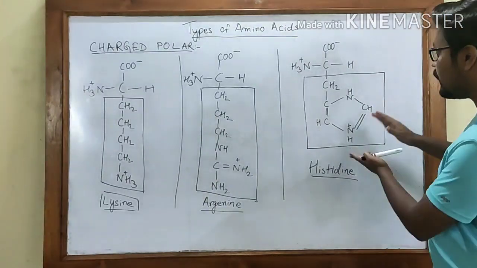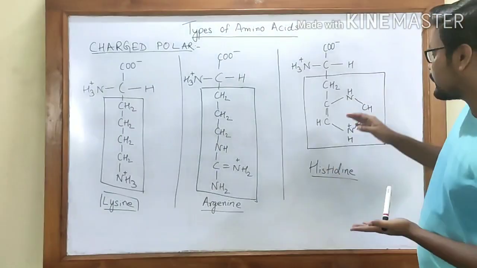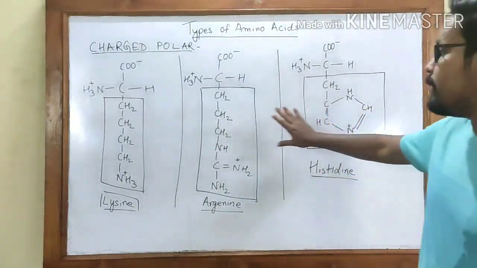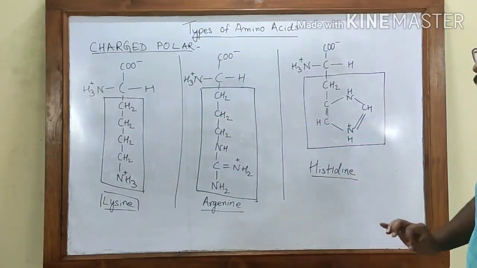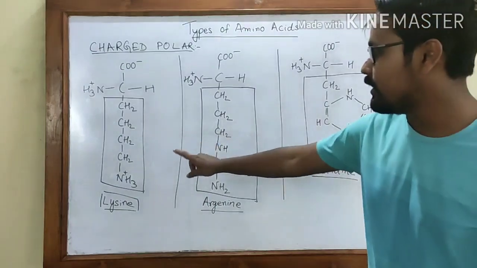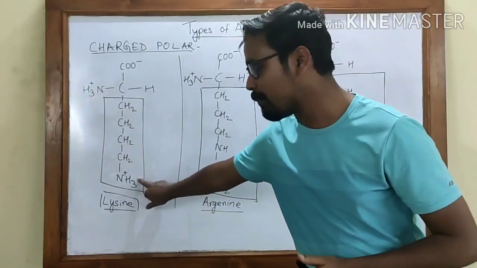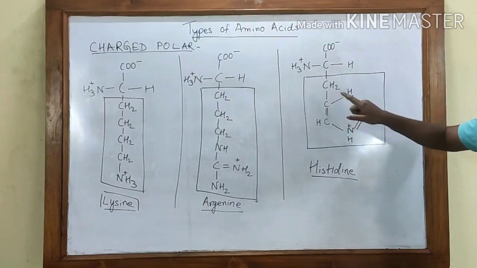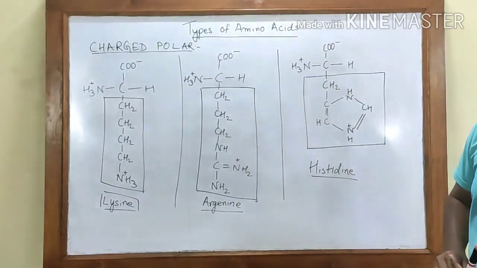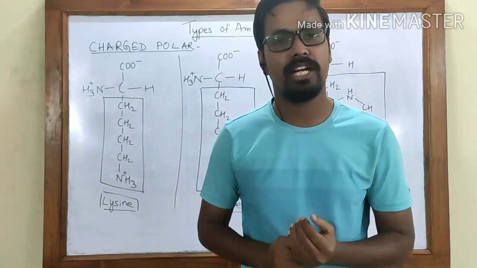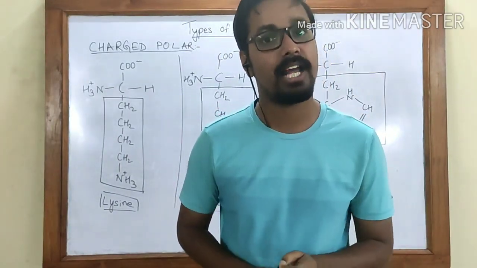Okay, I hope that is clear. So here are the 3 positively charged polar amino acids: lysine, arginine, and histidine. Very simple. Remember the groups. Here we have one amino group, here one guanidium group, and here we have an imidazole ring in which one of the nitrogens is positively charged at physiological pH. So that is clear. Now we will move into the remaining 2 negatively charged amino acids.